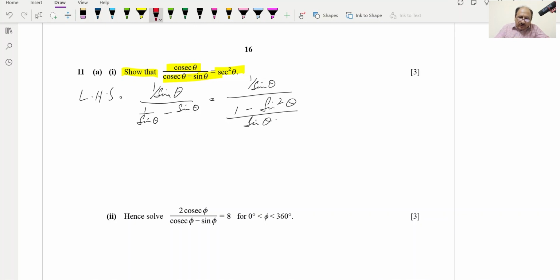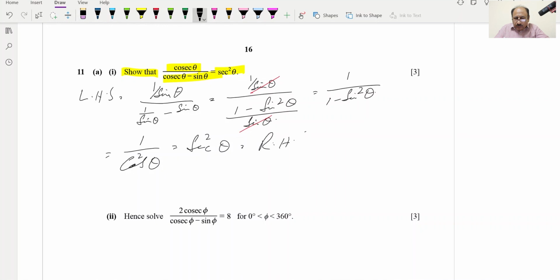By the fraction over fraction rule, this sine theta will cancel with sine theta, and this is equal to 1 over 1 minus sine square theta, and 1 minus sine square theta is cos square theta, so 1 over cos square theta, and 1 over cos square theta is equal to secant square theta, which is equal to the right hand side. So we have proved that left hand side is equal to right hand side.